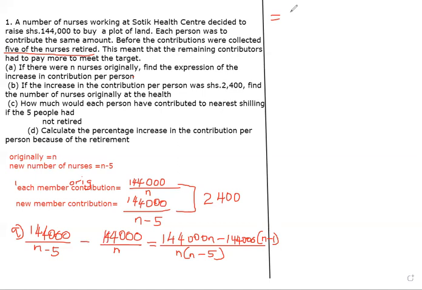Shouldn't it be n minus 5? N minus 5. Good. So that one is supposed to be, what do you get if you multiply?